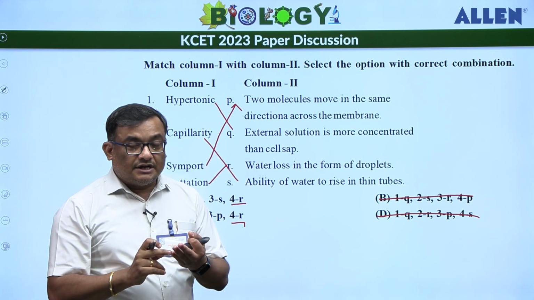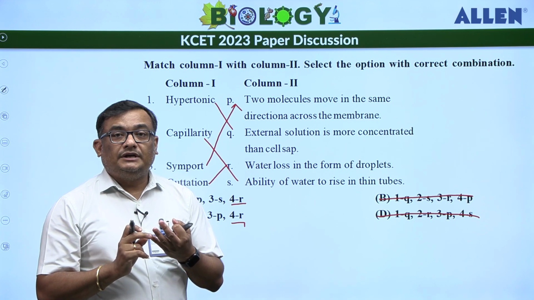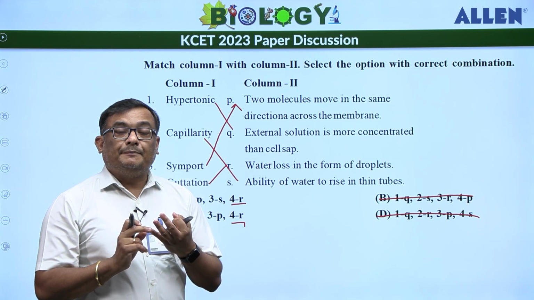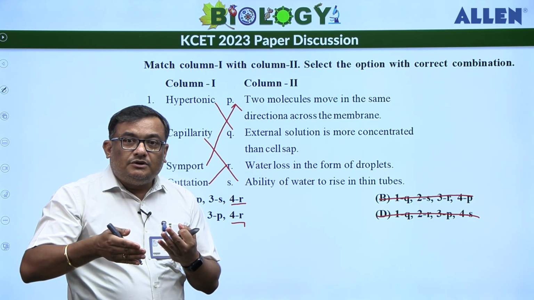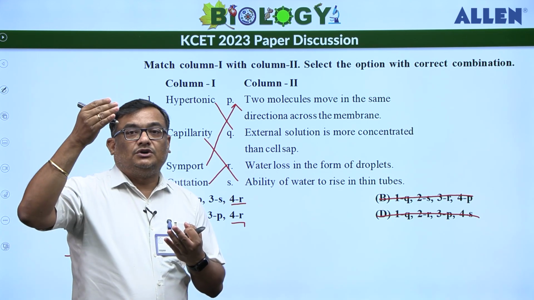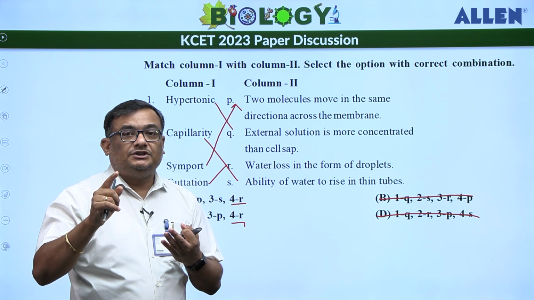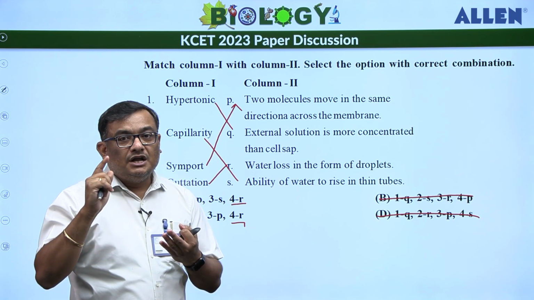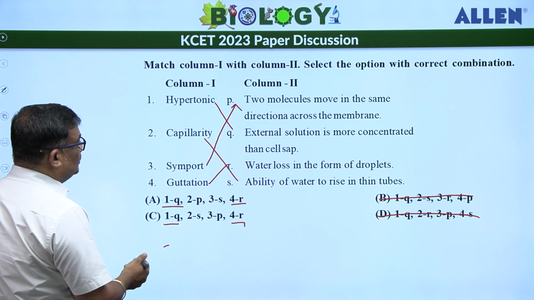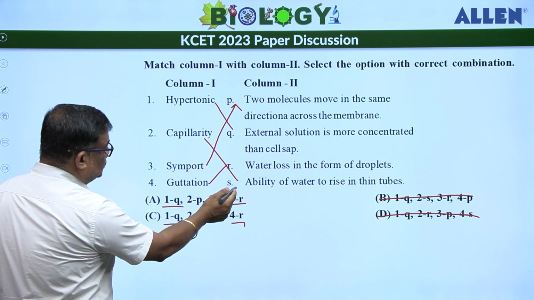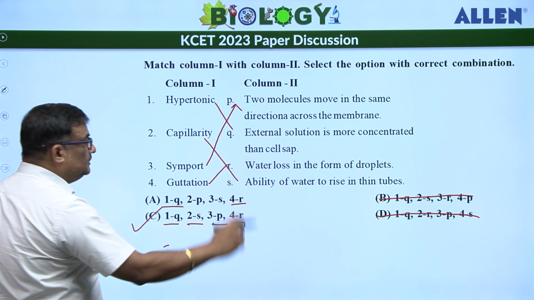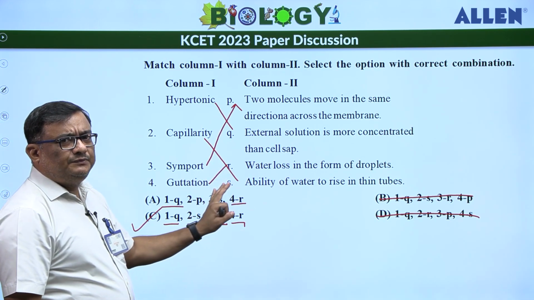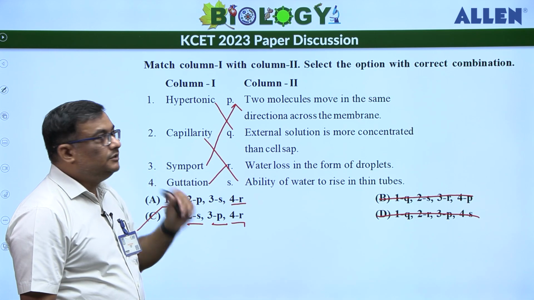Remember, in the transport in the xylem, that is transport of water, capillarity was one of the characters of the xylem, due to which the water was able to rise into the column and reach to the top along with the transpiration pull created through the leaf. So now let me match. Second goes with S, 3 goes with P. Answer is third. Question is not difficult. If you go one by one, it's a very simple question.